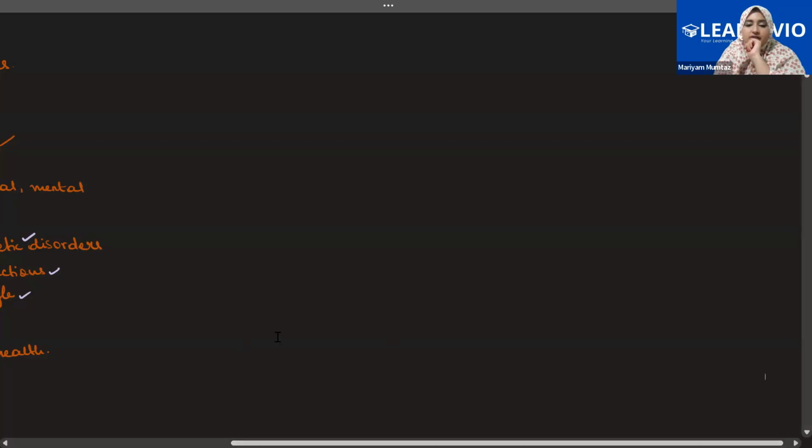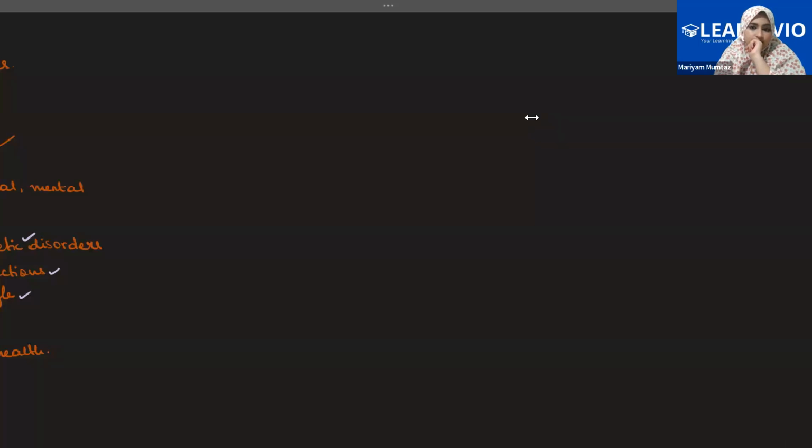Talk about operator gene. You write down: it is a gene which receives the product of regulator gene. Full stop.